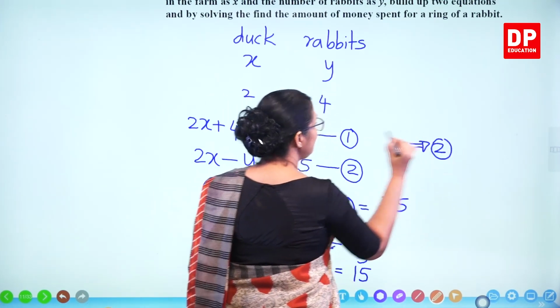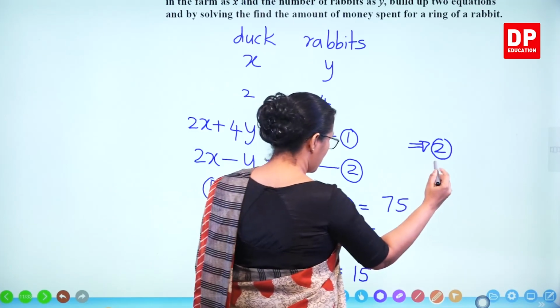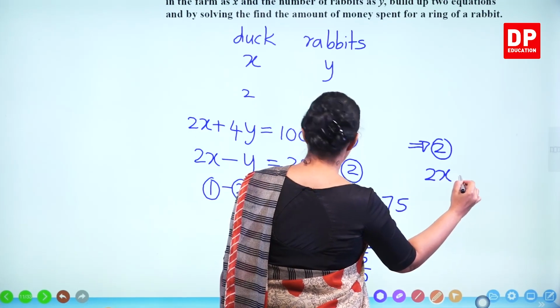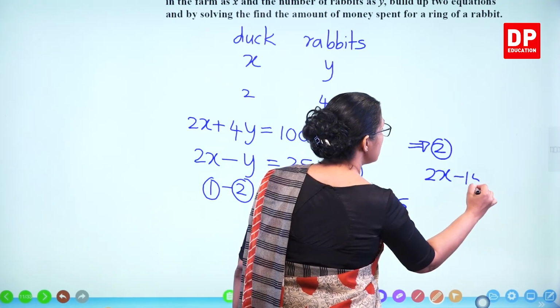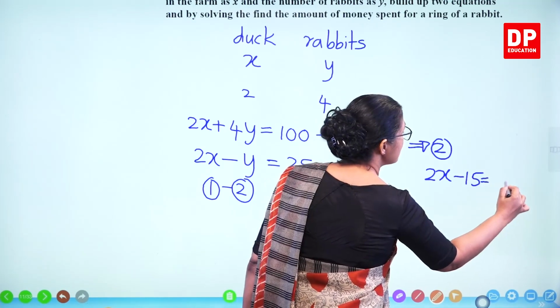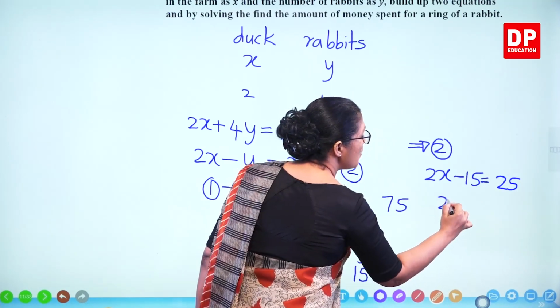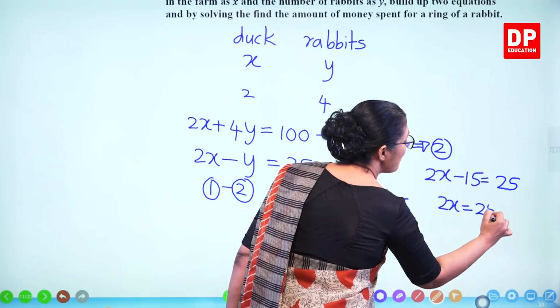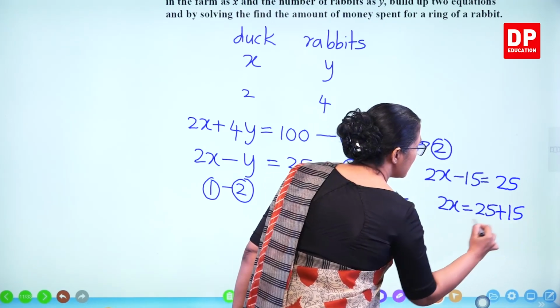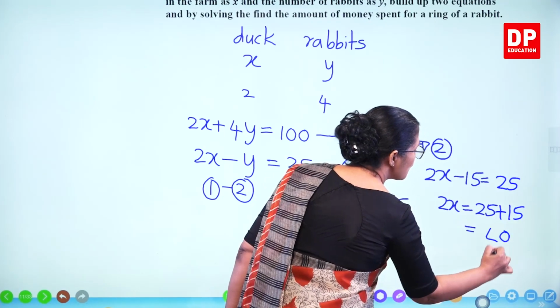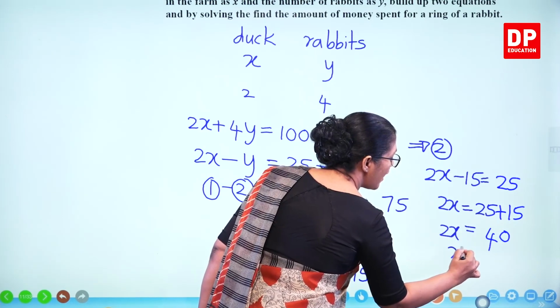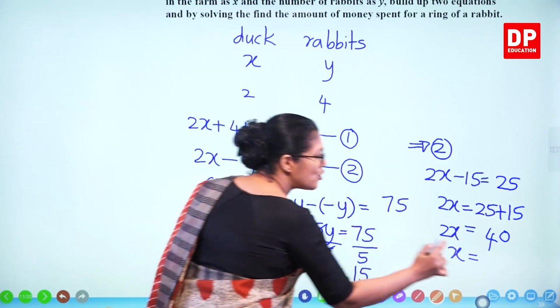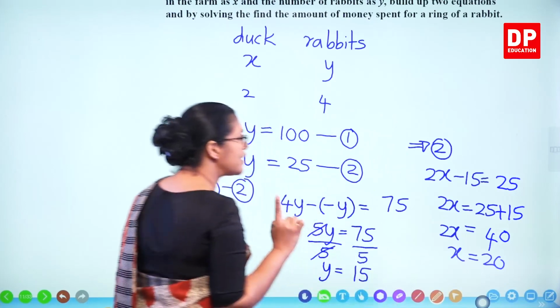If y equals 15, you can take any one of the equations. We'll take 2 and substitute. So 2x minus 15 is equal to 25. So 2x becomes 25 plus 15. That's 40. So x becomes 40 divided by 2, 20. So what does it mean?